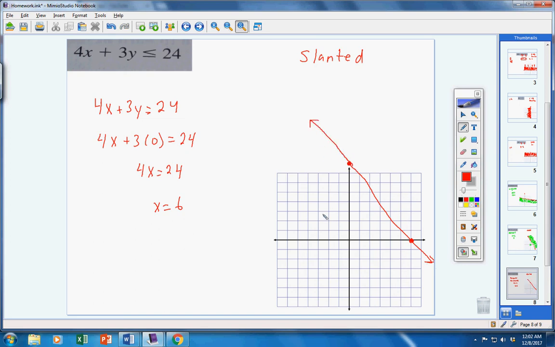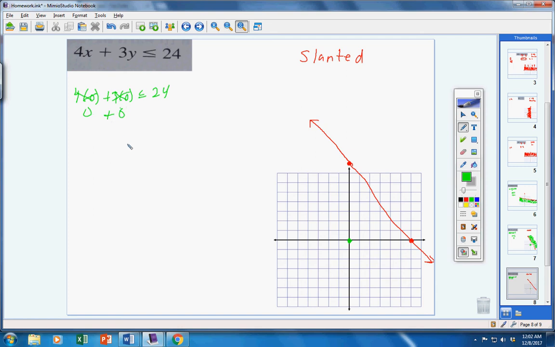There we go. Now, students, it's a slanted line, so we do have to test a point. So, since the line does not pass through 0, 0, that's the point we're going to use. 4 times 0 is 0, 3 times 0 is 0, 0 plus 0 is 0, 0 is less than 24.